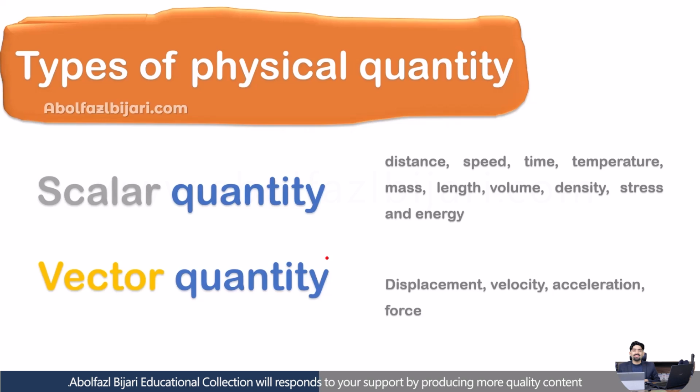The question that comes to your mind is in which direction it was applied. And for example, moment and torque: the question that comes to our mind, in addition to its value or magnitude, is whether the rotation is clockwise or anti clockwise. So direction is very important, magnitude is very important.